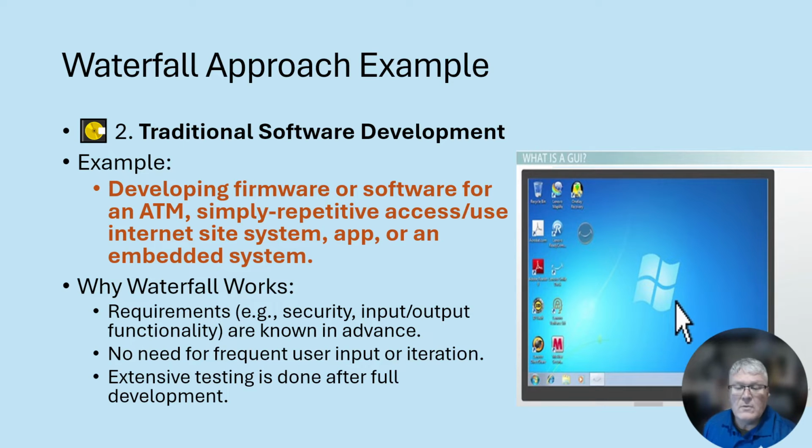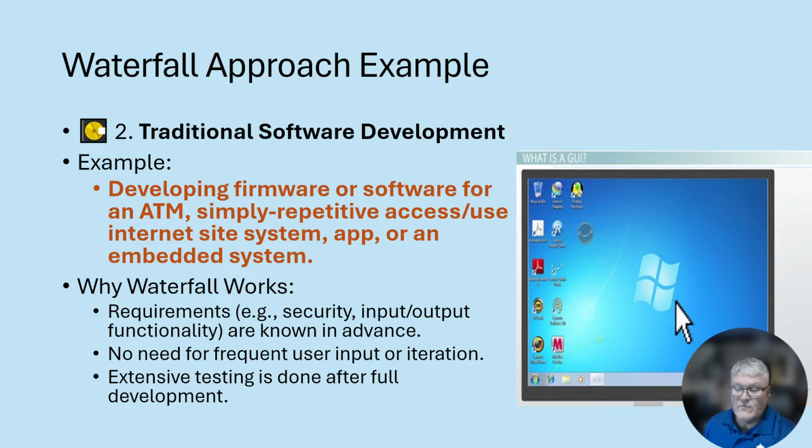Another example is traditional software development. For instance, developing a firmware or a software for an ATM, simple repetitive access and use, internet site systems, an app or application on your phone, or an embedded system. Why waterfall works here: the requirements.